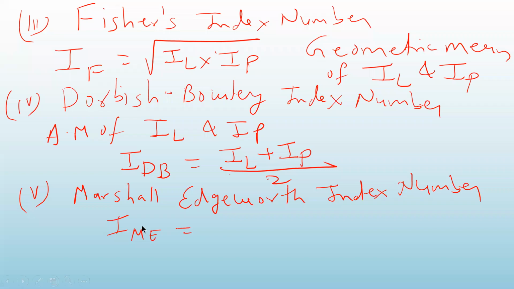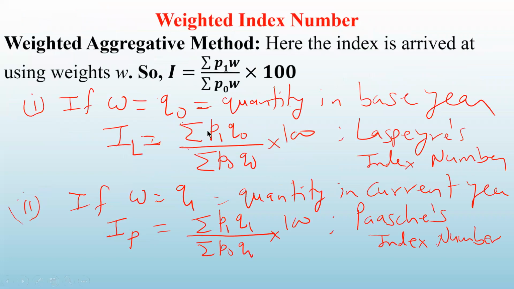In the numerator, you take the sum of the numerators of IL and IP. The numerator of IL was summation P1 Q0, and in IP the numerator was summation P1 Q1. So the numerator of IME is summation of P1 Q0 plus summation of P1 Q1.